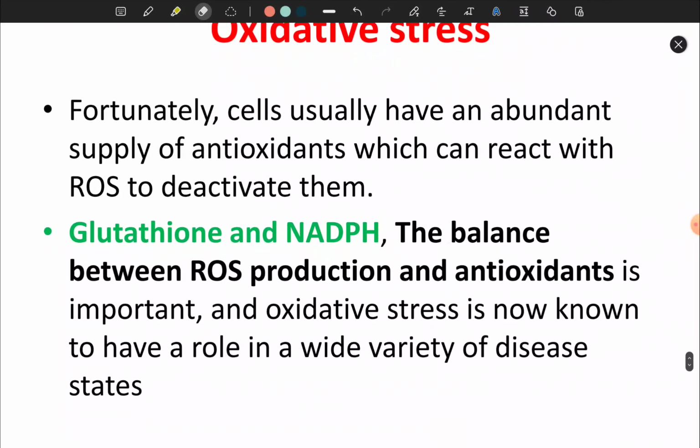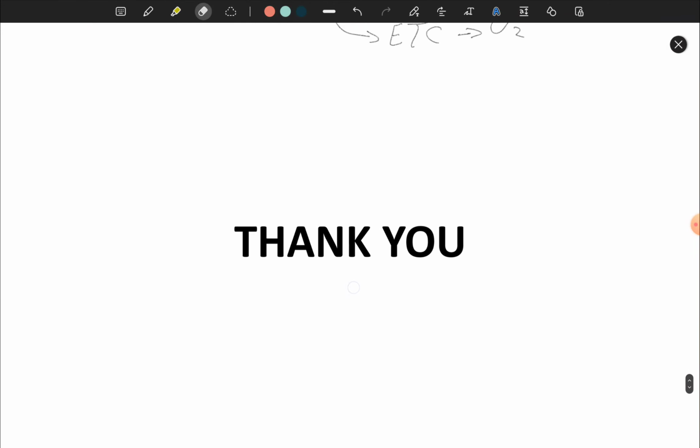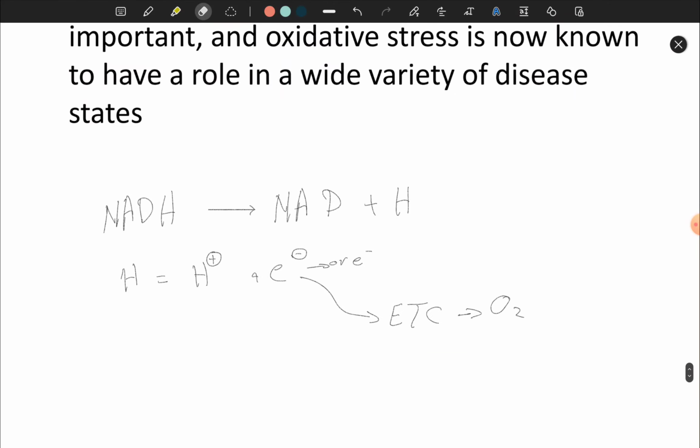So fortunately, cells usually have an abundant supply of antioxidants which can react with reactive oxygen species to deactivate them in various ways. As we said, glutathione, NADPH. The balance between reactive oxygen species production and antioxidants is important. And oxidative stress now has an important role in a wide variety of diseases.